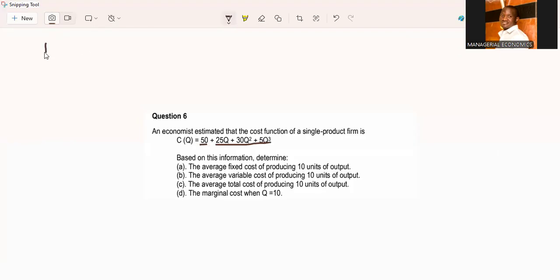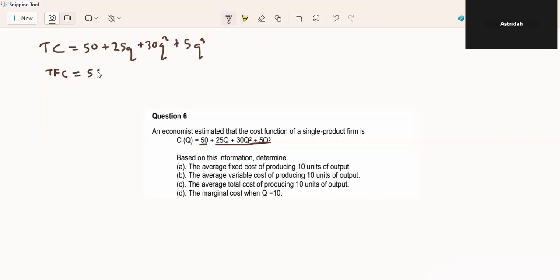So we have our total cost as 50 plus 25Q plus 30Q squared plus 5Q cubed. So what is our total fixed cost? It's 50. Okay. Then what is our average fixed cost?